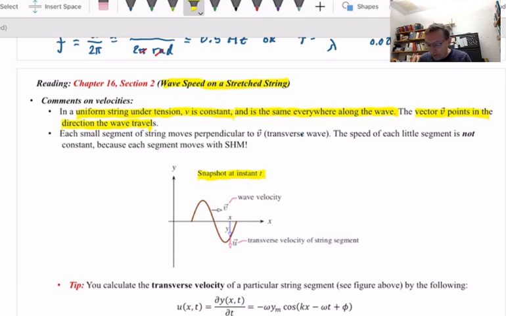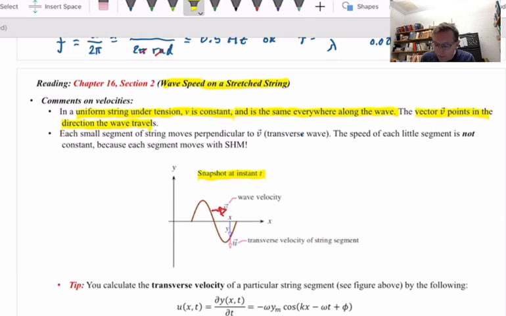And I've shown with an arrow to the right a representation of the wave velocity, because the disturbance is traveling in the plus x direction to the right at velocity v.